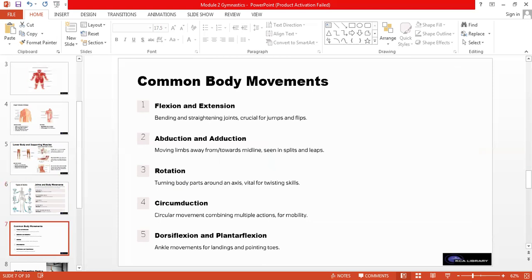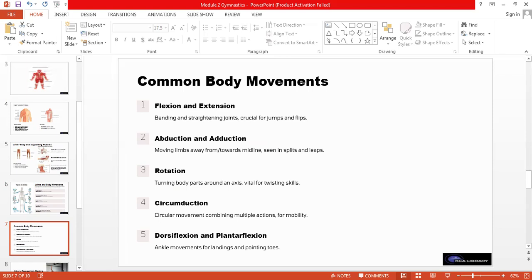We also have abduction and adduction. This is moving limbs away from or towards the midline, seen in splits and leaps. And we have the rotational movement, which is the turning of body parts around an axis, and this is vital for twisting skills.